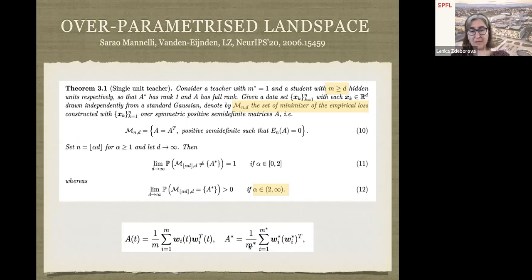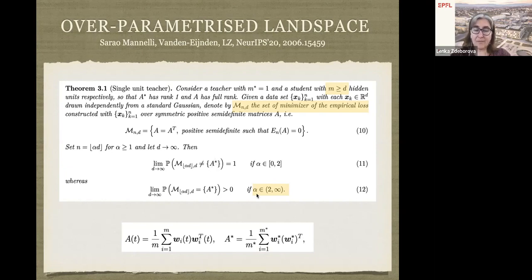M star would be the number of hidden units in the teacher, but here we consider M star equal 1. And A is then the same thing for the student, but this time the student has many hidden units. So here we are showing that the set of minimizers, if alpha is small, is not just the right one. There are many other ones, and there is no reason we would be finding the ground truth A star one.